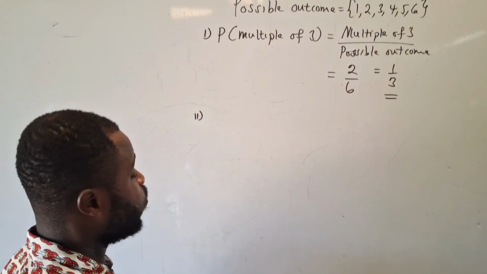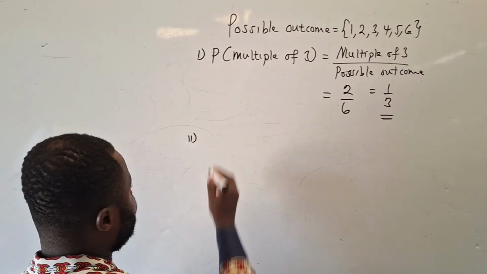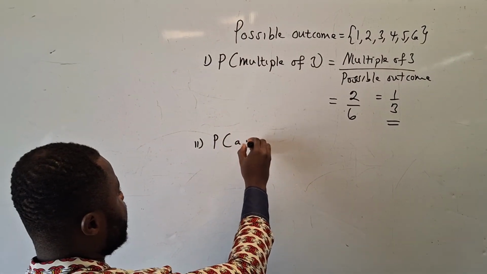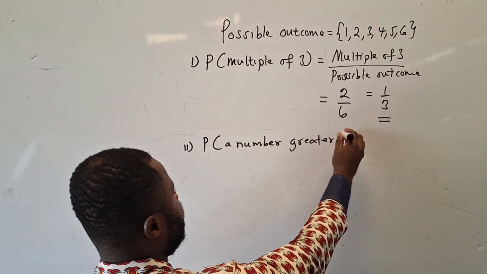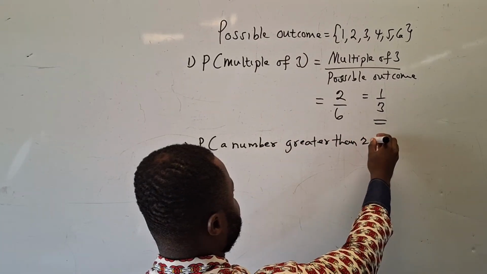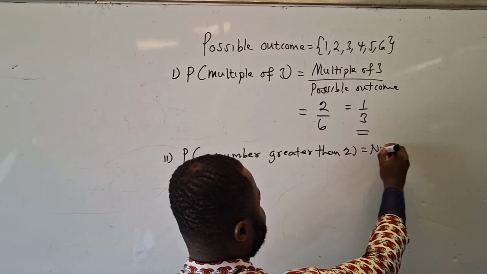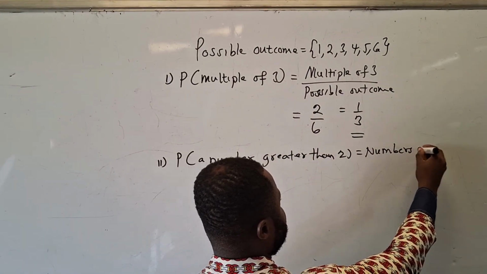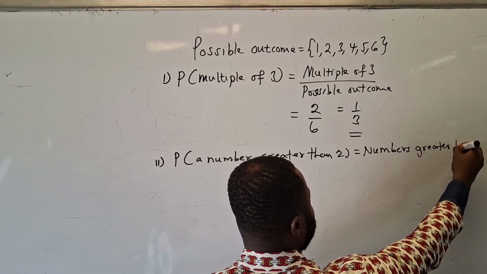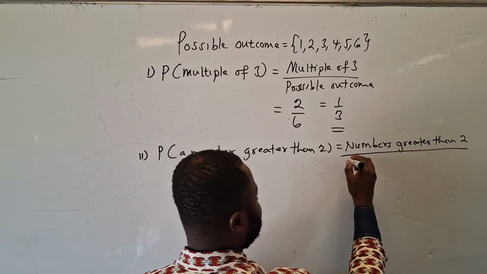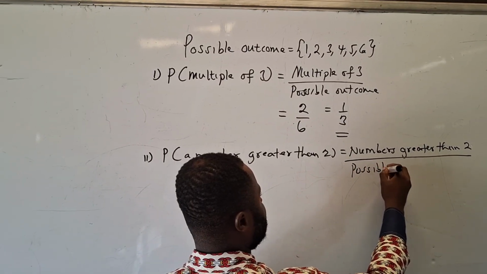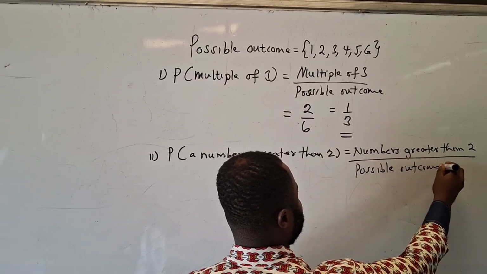So the next one is a number greater than 2. The probability of a number greater than 2 is the numbers greater than 2 on the die all over the possible outcomes.